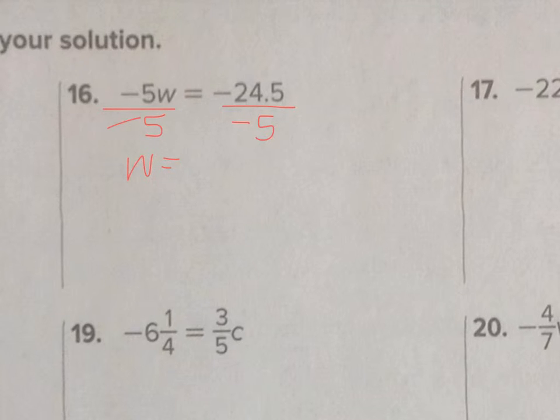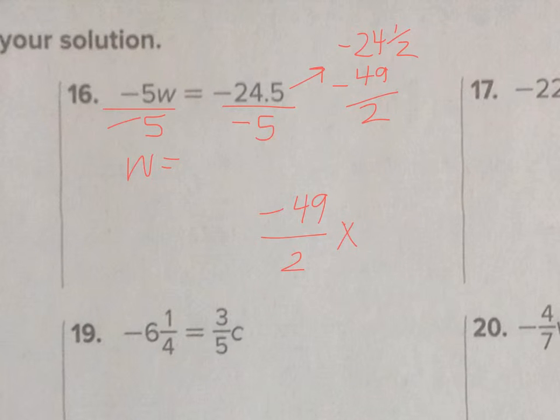And when we take negative 24.5, I know that's the same as saying negative 24 1/2, that's a mixed number, but we need to make it an improper fraction. So that's the same as saying negative 49 over 2. And in order to continue on with this, we take negative 49 over 2 divided by negative 5, but since we're dividing fractions, it's the same as multiplying by negative 1 over 5.